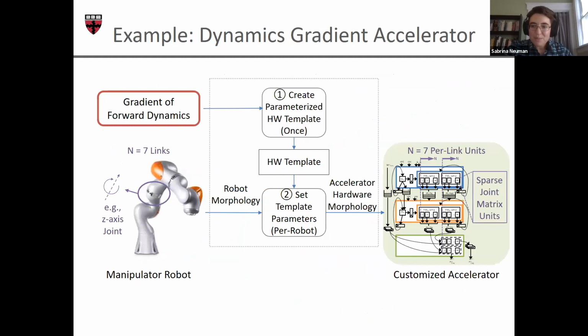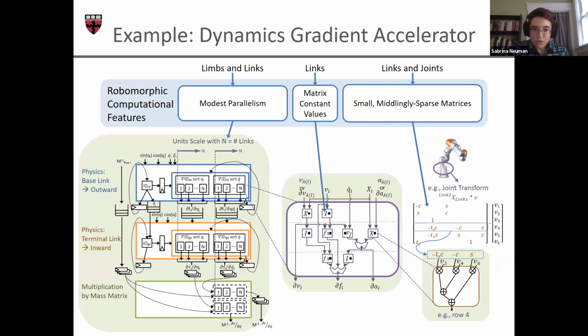So I'll give you an example of doing this one time for one robot manually. And then later I'll talk about how I would rather automate this process. The example that we gave in the paper is that we had a 7-link iiwa manipulator robot, and we templated, again, the gradient of forward dynamics, and we made a processor that was parameterized by the number of links and also by the sparsity patterns in the joint matrices. And so we just went through that process.